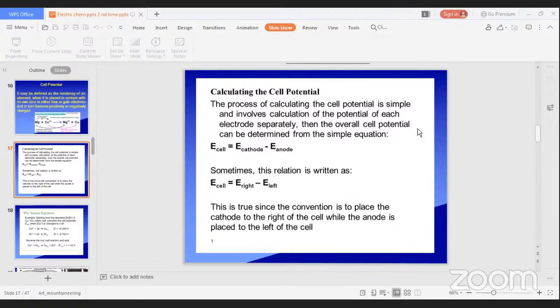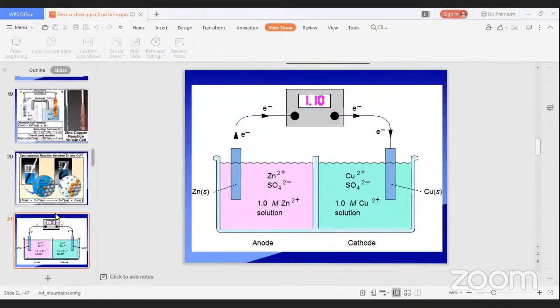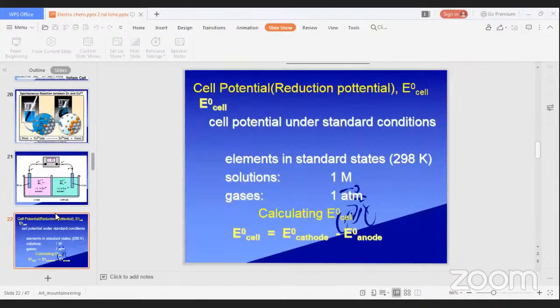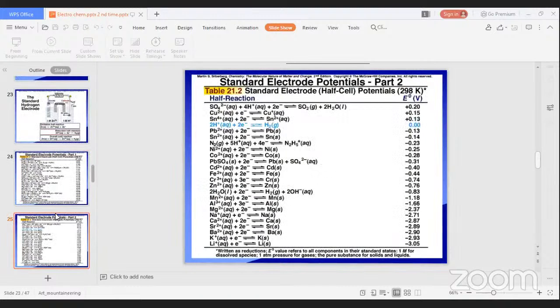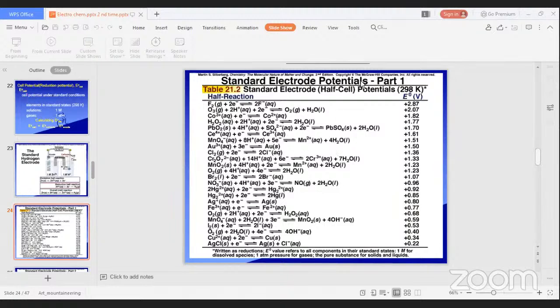First I am taking the hydrogen electrode, the standard hydrogen electrode. By using the standard hydrogen electrode, we can calculate the cell potentials for zinc, copper, fluorine, and all the others indicated in the table.